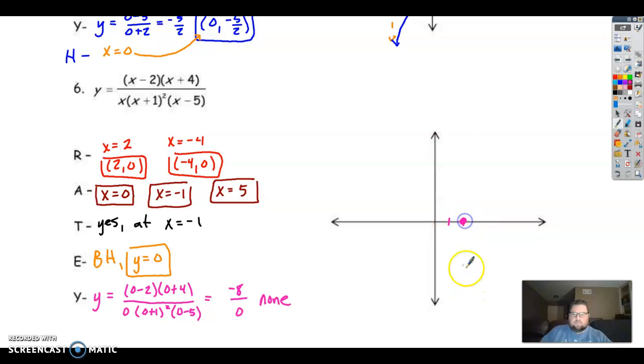2, 0, negative 4, 0. X equals 0, as discussed, is the y-axis. X equals negative 1, right next to that. And x equals 5.